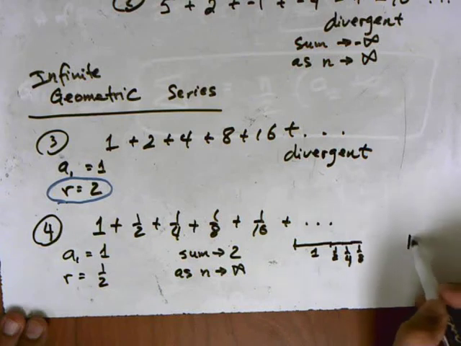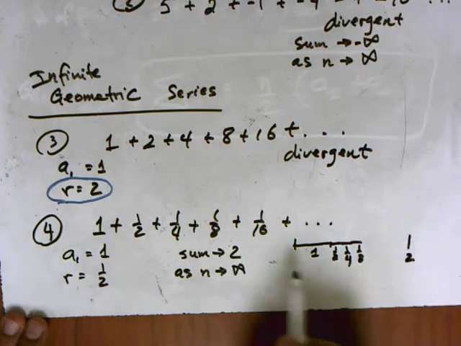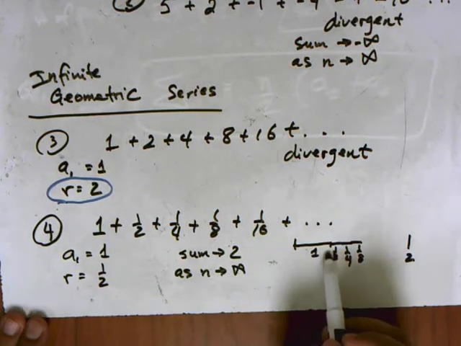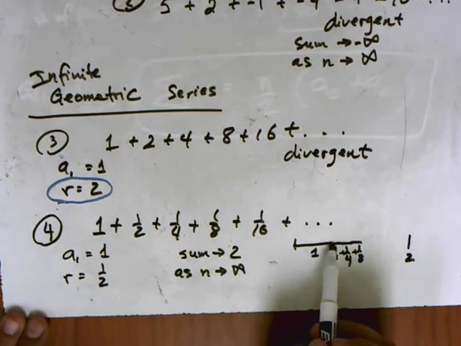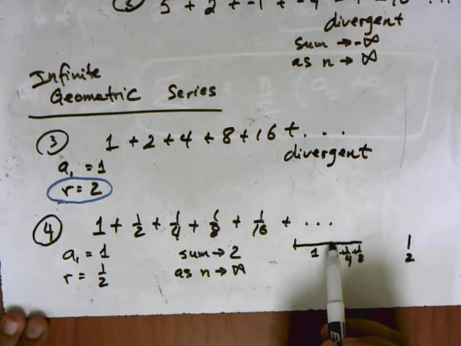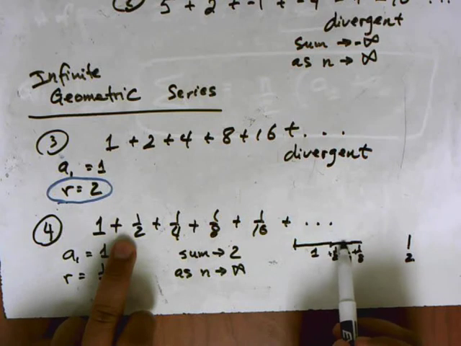And if I make this point here 2, we're never going to reach this point, because no matter how far you go, if at first you go 1, which is halfway to 2, I want to go one more unit, but I can only go a half, so I get to here.